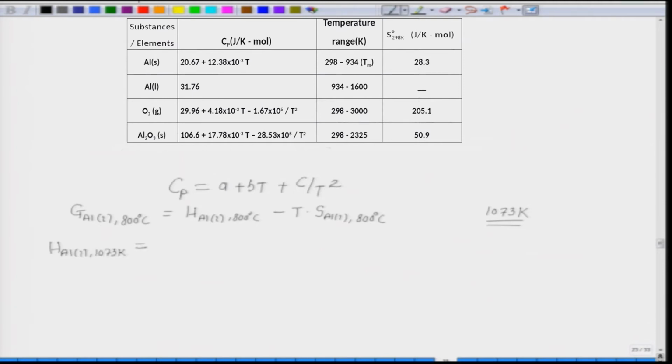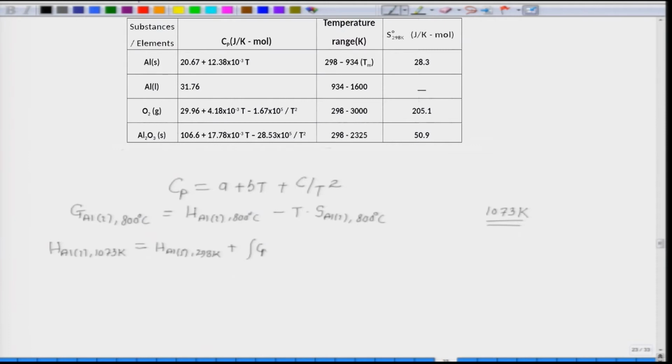So, how do we go about this? We know the enthalpy of aluminum solid at 298 Kelvin, right, which is by convention 0. So, we know H of aluminum solid at 298 Kelvin, plus we know how the Cp of aluminum varies with temperature.